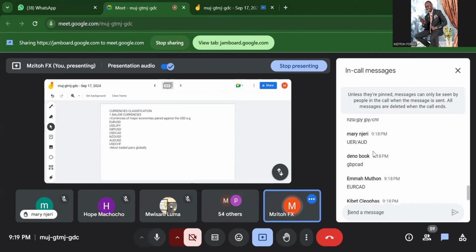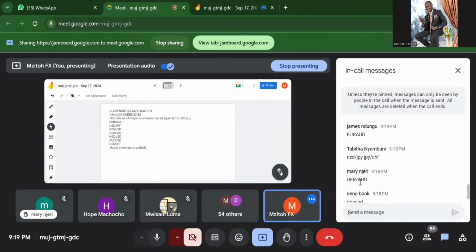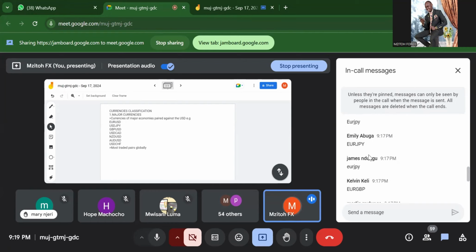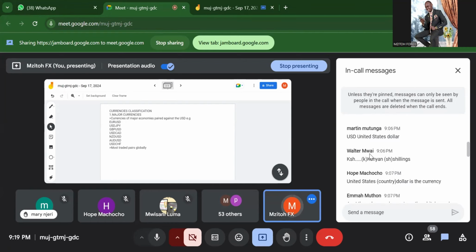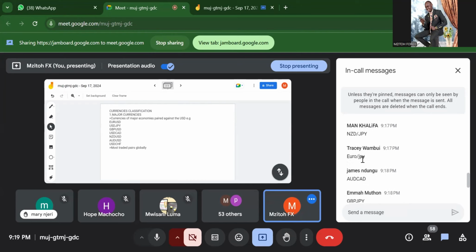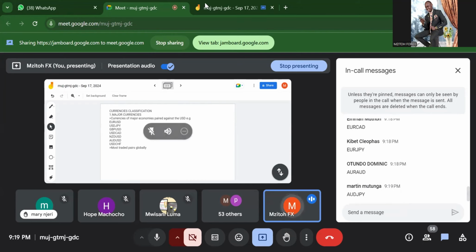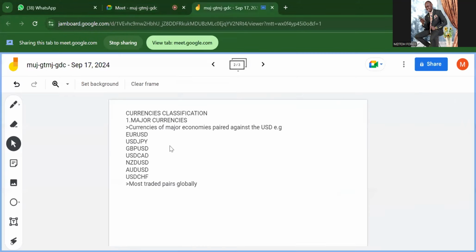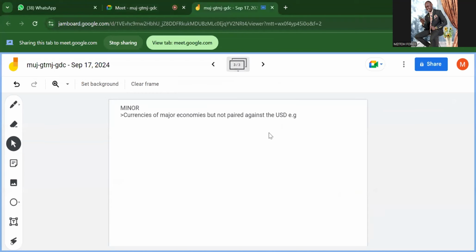Euro CAD, correct. GBP CAD, correct. Euro AUD, correct. So majority of us have answered correctly. Those are simply the examples of minor currencies.